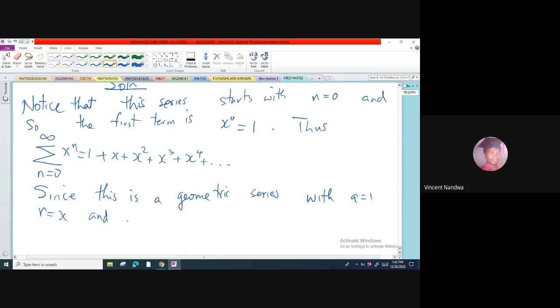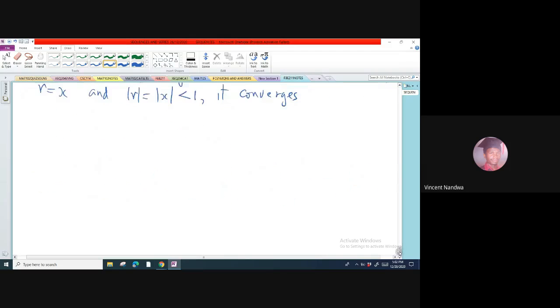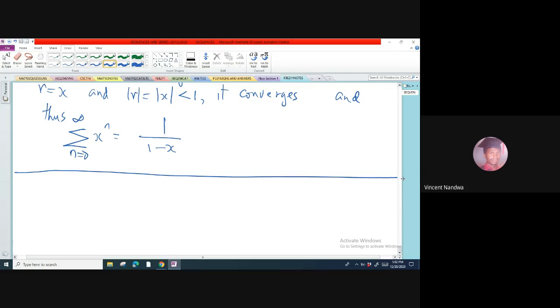And since it converges, the sum is 1 over 1 minus x. So this becomes the sum of that series.